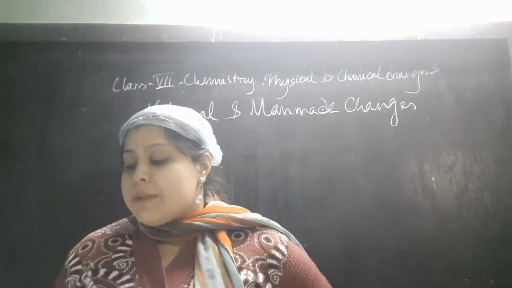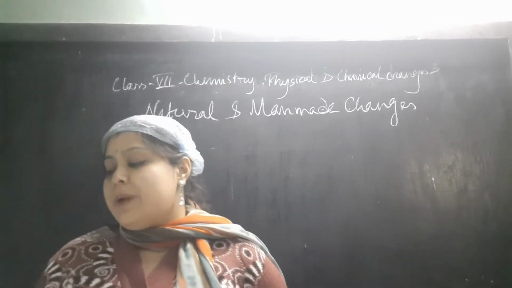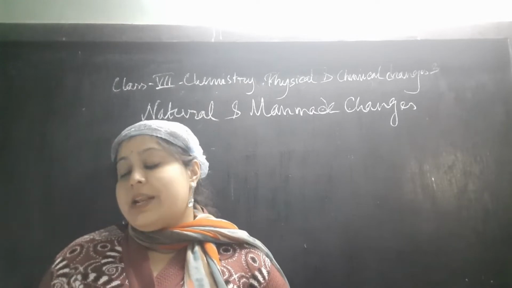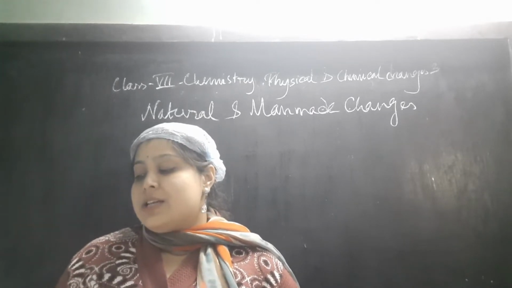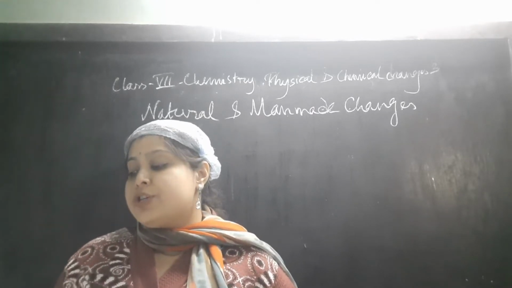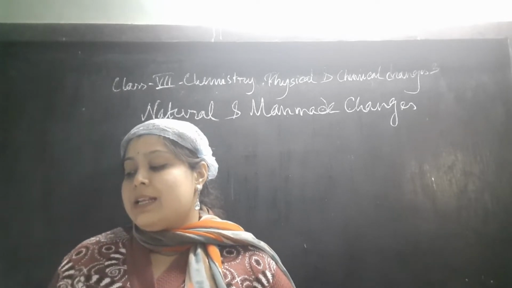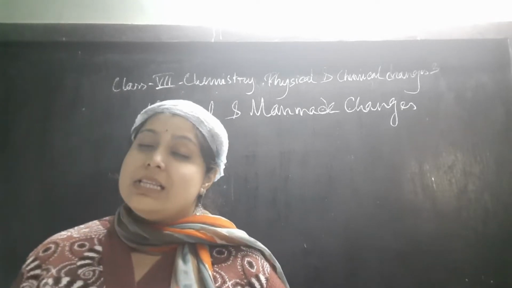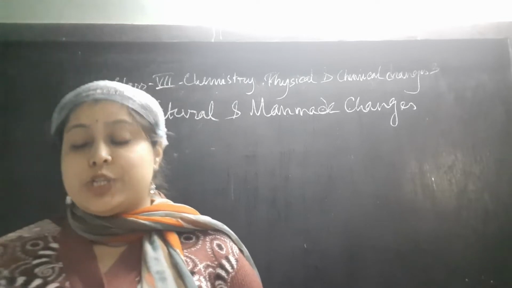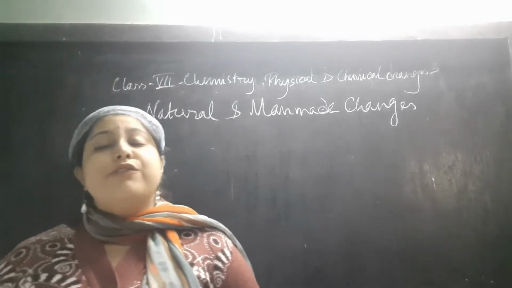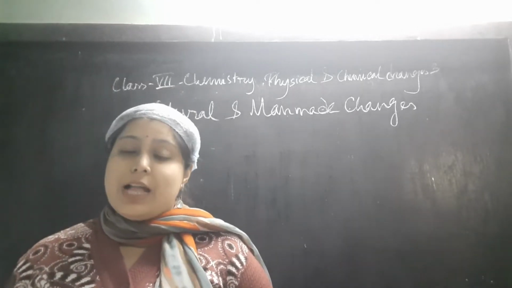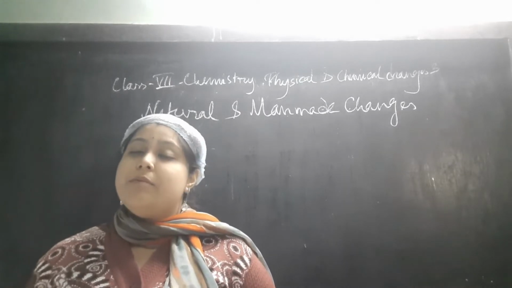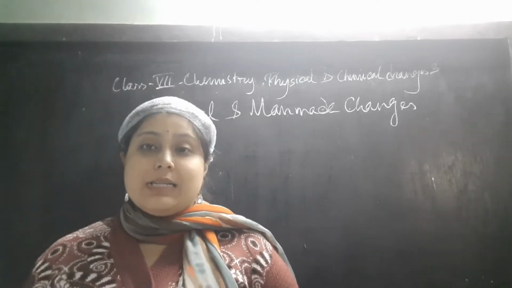Some of the changes take place in nature by themselves and they are never ending. Such changes are called natural changes. The formation of coal from dead and decaying plants is a natural change, as well as the production of oil and gas. It is not man-made. People cannot make that.